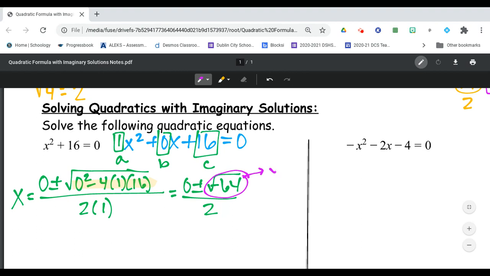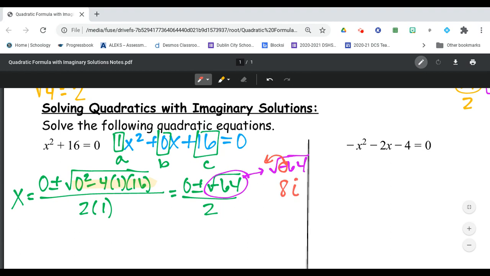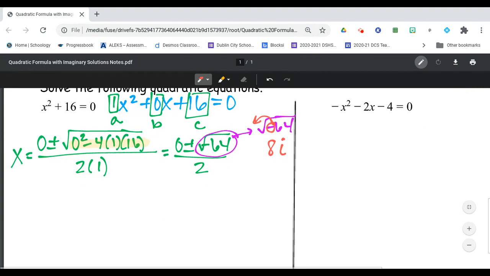The square root of negative 64, I know I can pull out an i because of the negative here, and the square root of 64 is 8. So I have 8i.